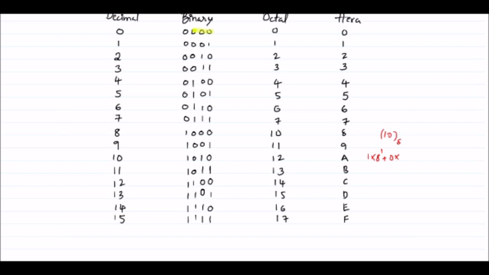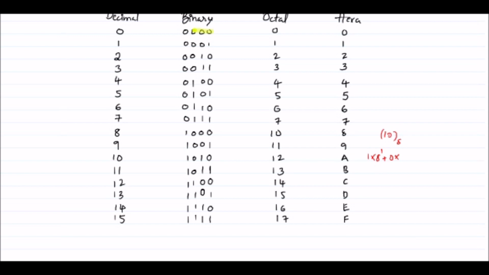For decimal value 15 the binary value is written as 4 ones, and the octal equivalent value is 17. As you can see, octal values go from 0 to 7.